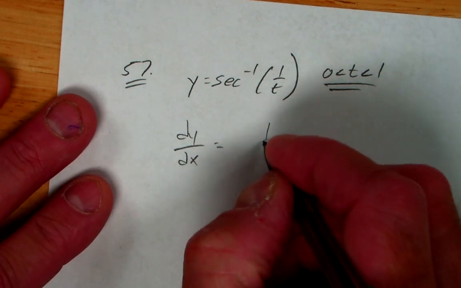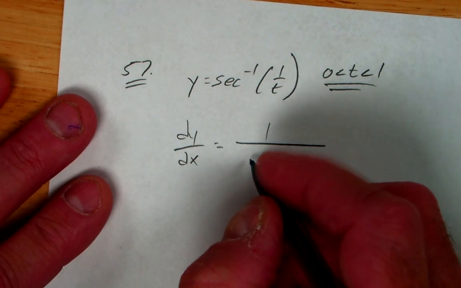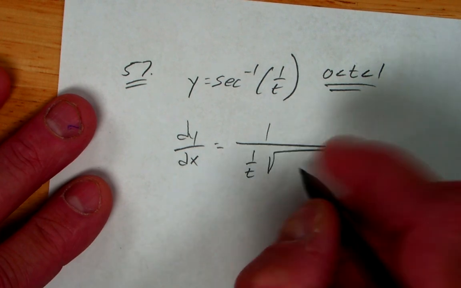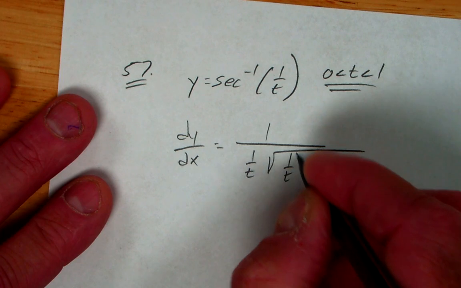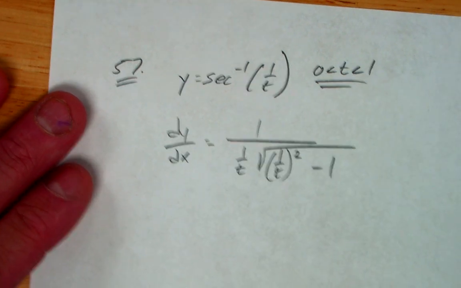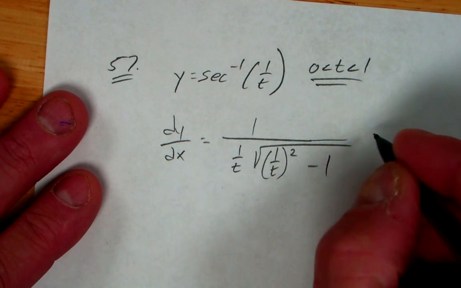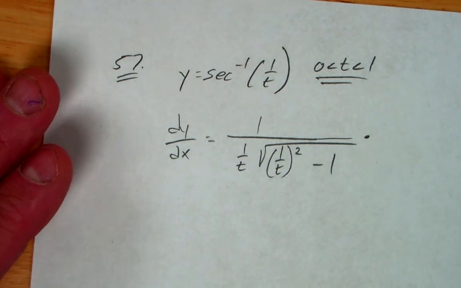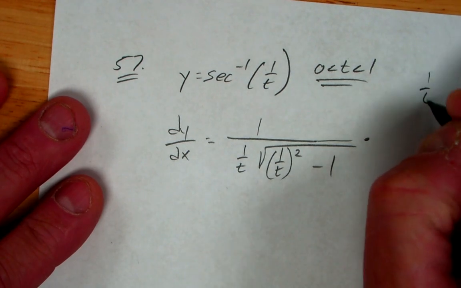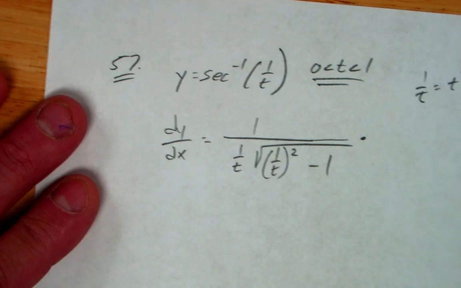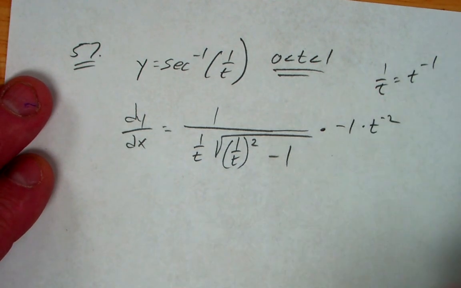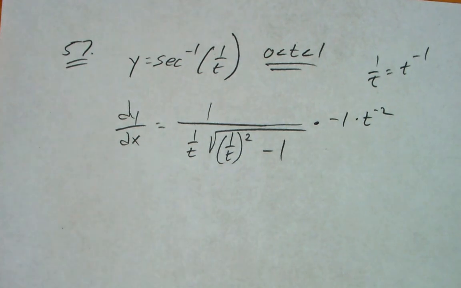So I have 1 over 1 over t square root of 1 over t squared minus 1. And I've got to take that times, so that 1 over t equals t to the negative 1. So that'd be negative 1 times t to the negative 2.